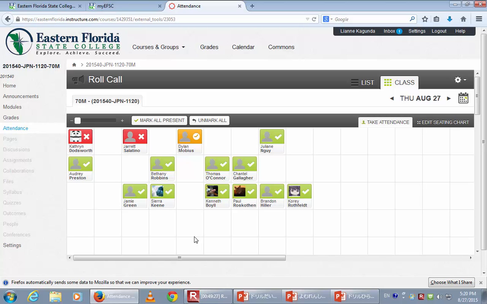So to make some example sentences here, you can do something like, for example, watashi wa gakusei desu.